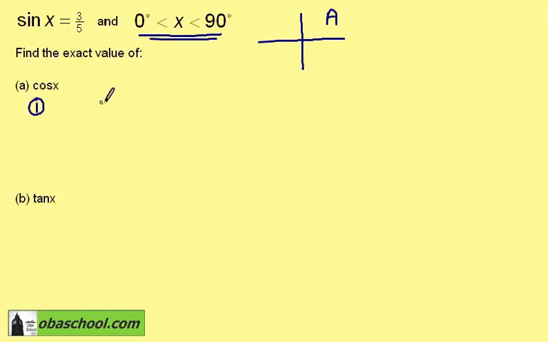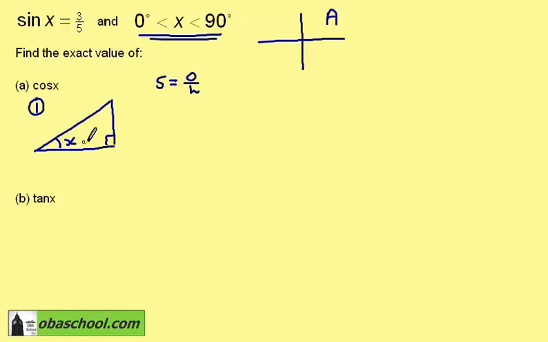There's two ways of going about this. The first one is that we can draw a triangle. Sin x is 3/5 and we know the sine is the opposite divided by the hypotenuse.